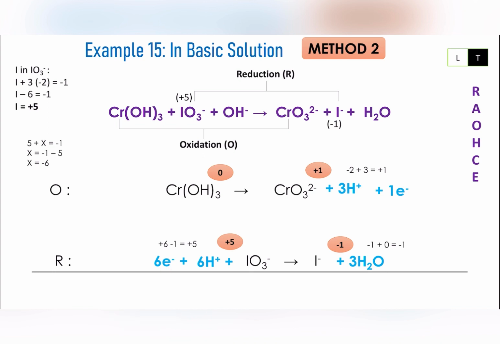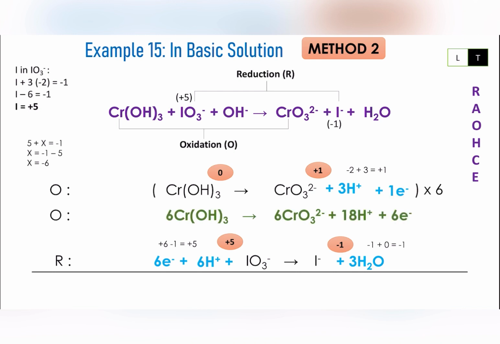Now let's continue with the electrons, the last step, where I'm going to cancel them based on the same value at the opposite side. You can see the electrons are both at the opposite sides, but the value is not the same. So for oxidation, I'm going to multiply all of them by 6.